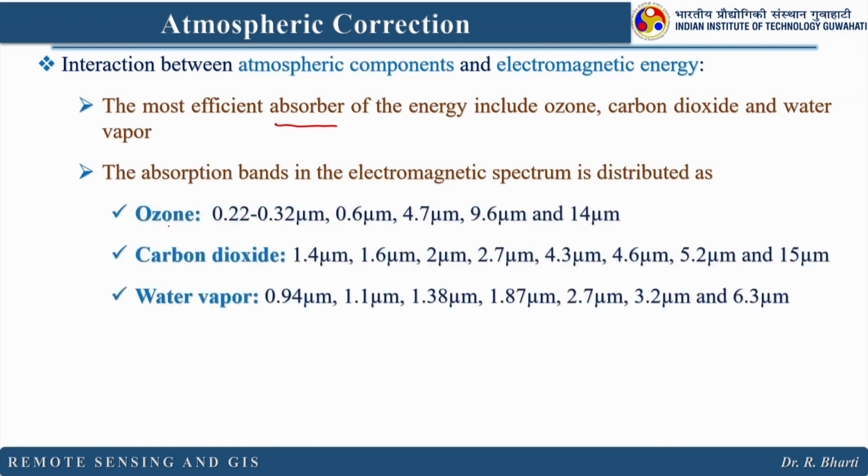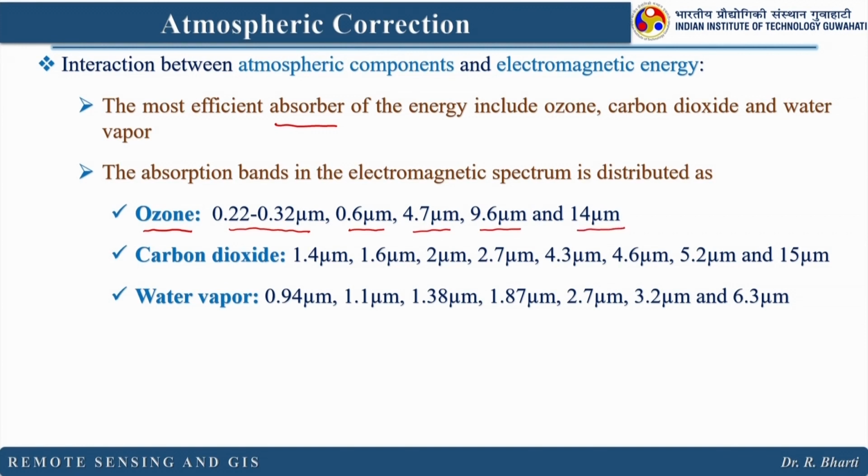For ozone, the first range is 0.22 micrometer to 0.32 micrometer, then 0.6 micrometer, then 4.7 micrometer, 9.6 micrometer and 14 micrometer.